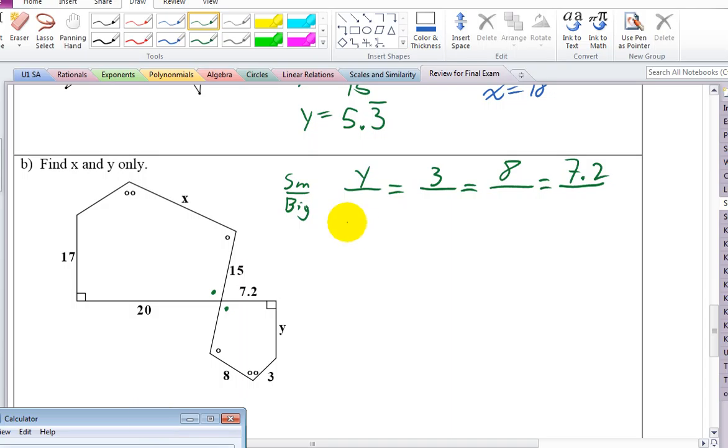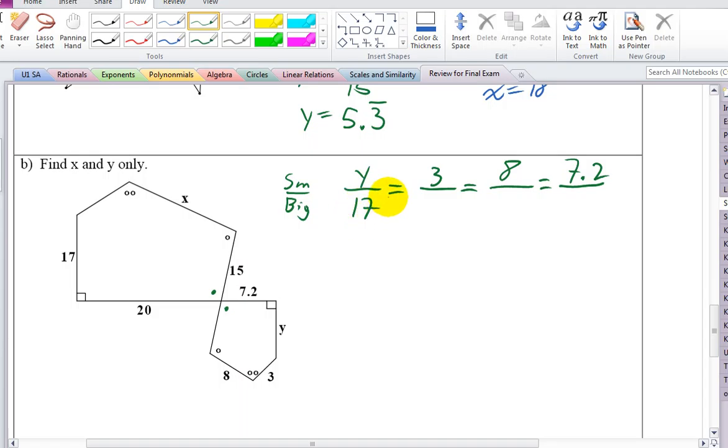Okay, so y matches up with 17. 3 matches up with nothing. Okay, now we're not asked to find it, are we? So let's not worry about that. Okay, so we can just cross that one off. We don't need to worry about that one. Okay. The 8 matches up with the x, which we do need, and the 7.2 matches up with 20.